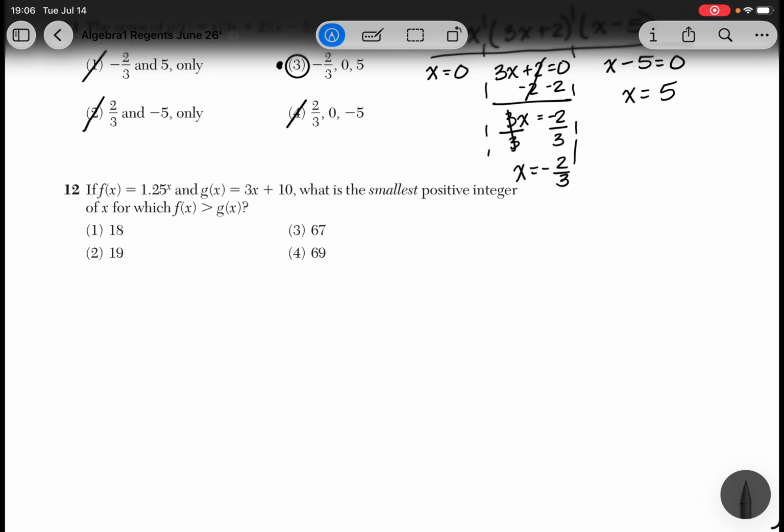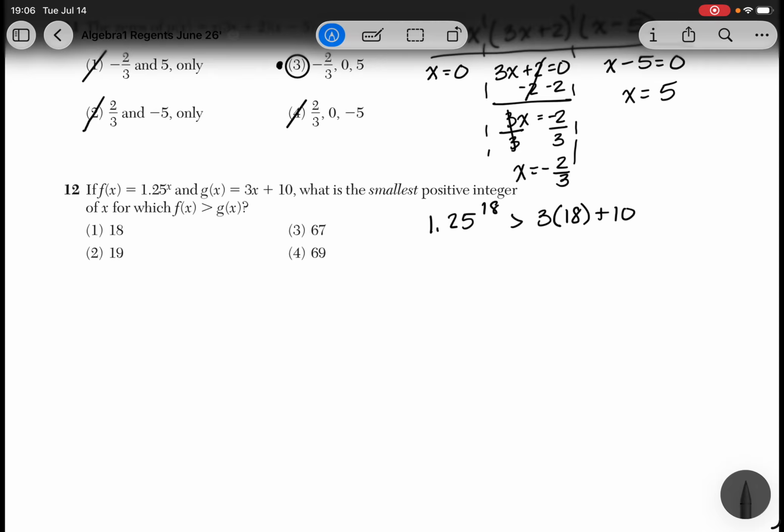In these cases, once again, we're going to plug in the answer choices, because why would we do extra work if we don't have to? So let's start with answer choice number 1. We have 1.25 raised to the power of 18, and we want that to be greater than g of x, which is 3 times 18 plus 10.